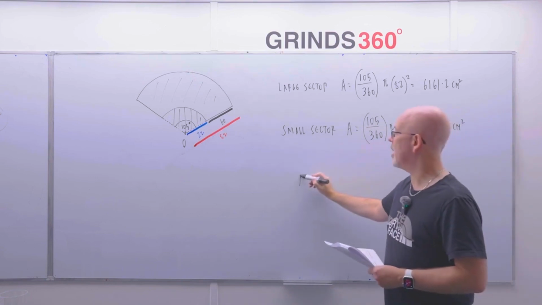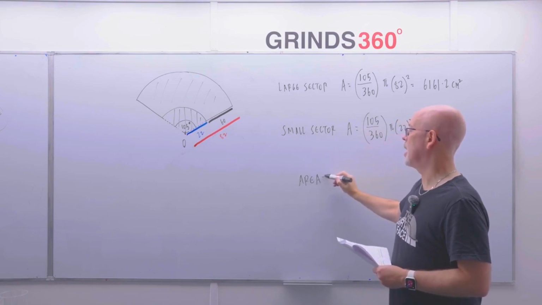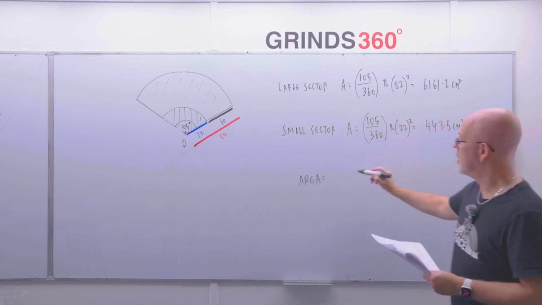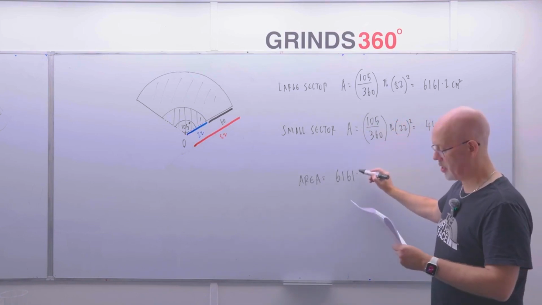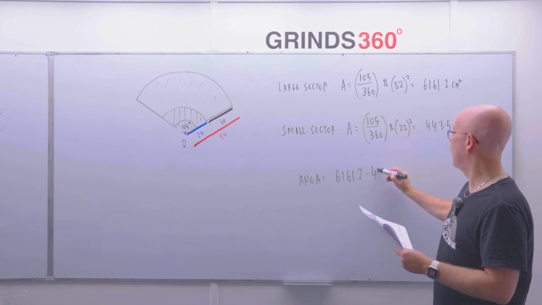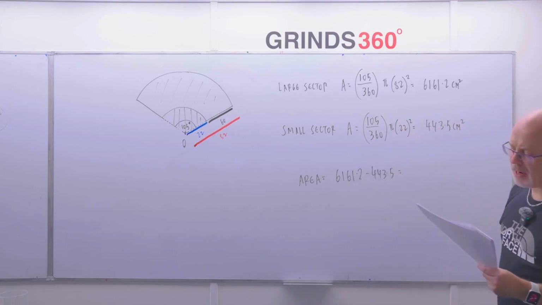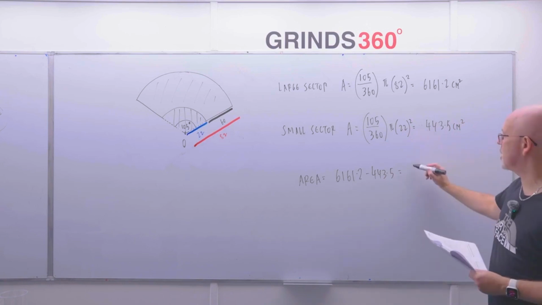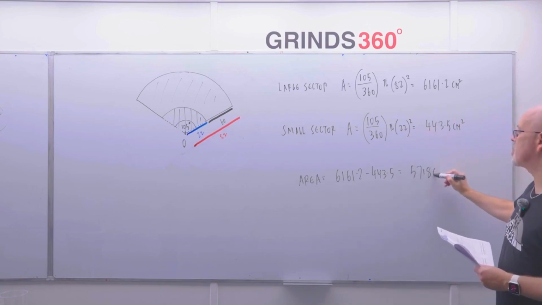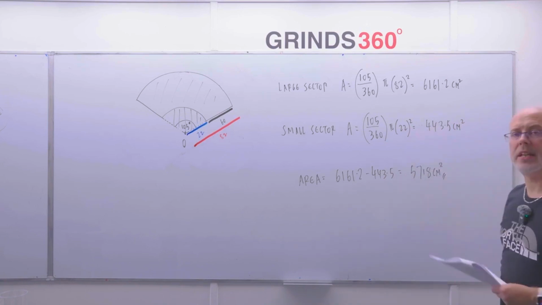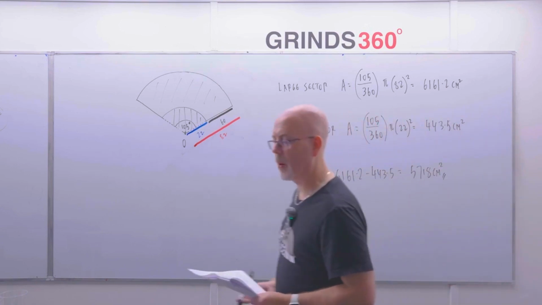So the area cleared by the wiper is just one minus the other. It's 6161.2 take away 443.5, which is about 5717.7, so that's 5718 centimeters squared, correct to the nearest whole number.